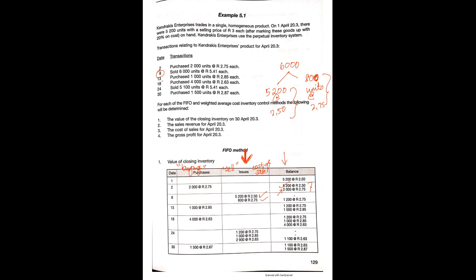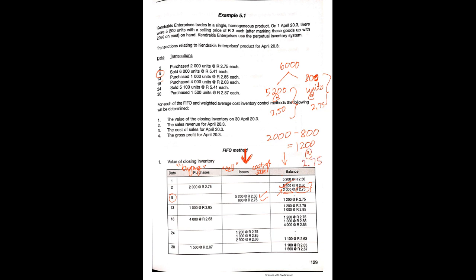Now we need to look at what is left over. So we basically have used all of the 5,200, and from the 2,000 we now only had 1,200 available. So from the 2,000 you now used 800. So I'm going to write it here. We used 800. That left us with 1,200 available, and it's at the latest cost of 2.75.